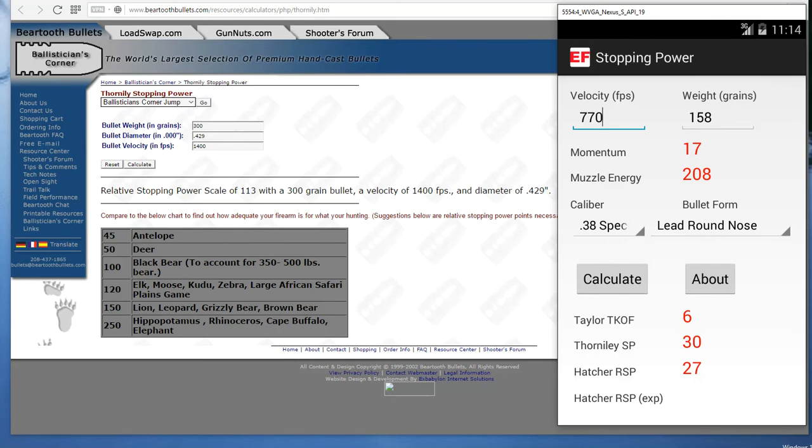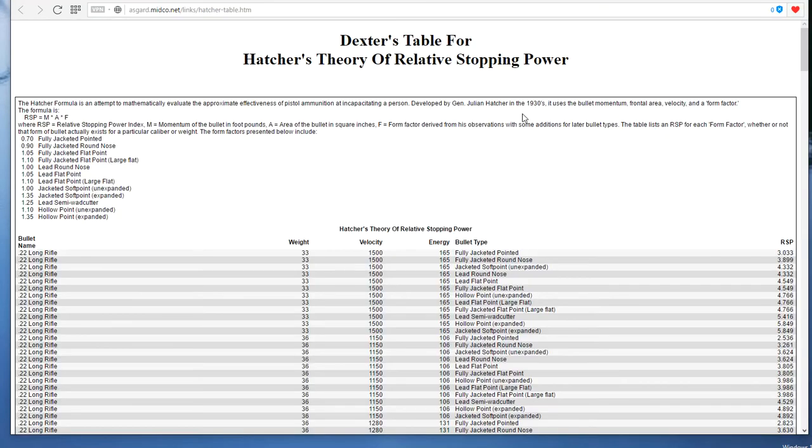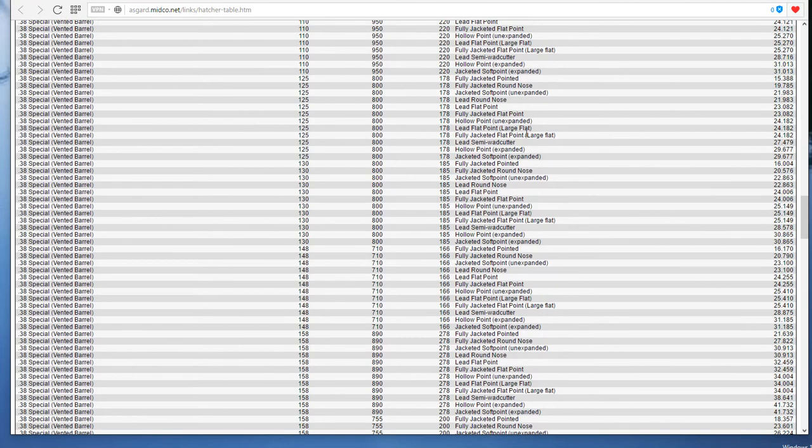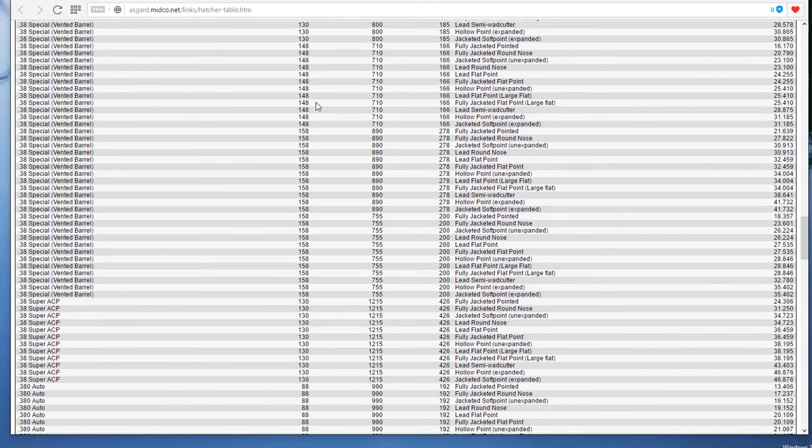This seems reasonable, as if I look at Dexter's table, Hatcher's theory of relative stopping power, going down to 38 special, 158 grains, lead round nose here, velocity slightly lower, 755. That gives us 26.224, which means 27 seems reasonable for our slightly higher velocity.